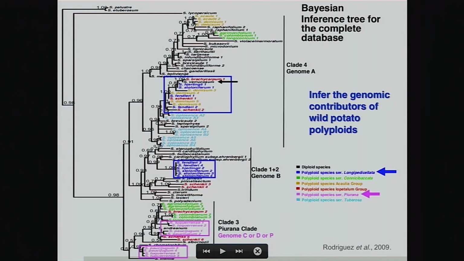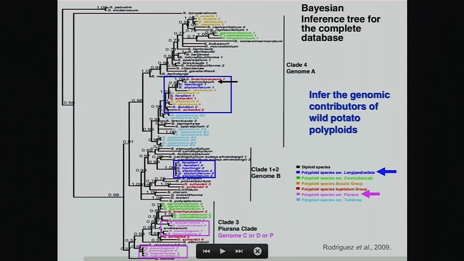Those are autopolyploids. Same thing you can see here, those in light blue are species from series Tuberosa. All alleles are in only one clade. In green are polyploid species from series Conicibaccata; you can see they have alleles here in clade 3, and also alleles here in clade 4 with genome A. So we used single copy genes to infer the genomic contributions of wild potato polyploids.